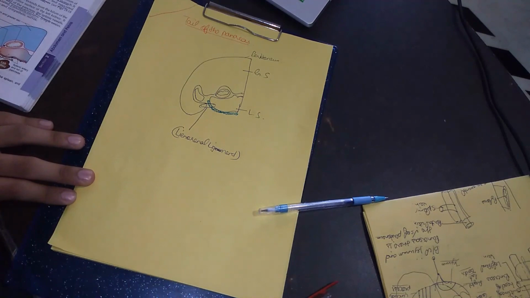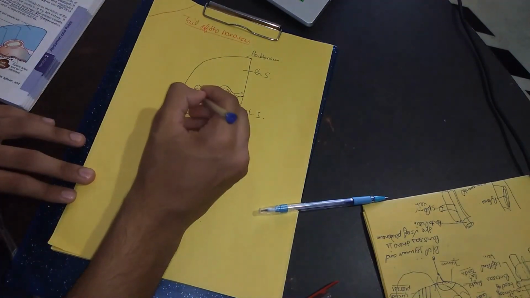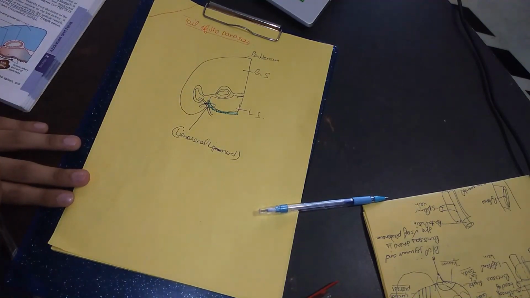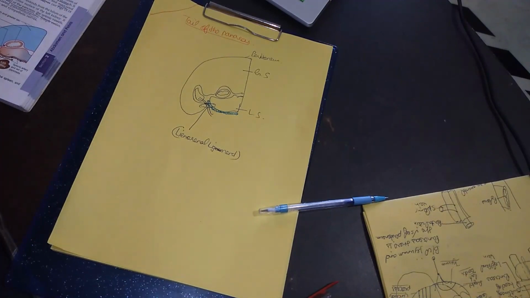This is the lienorenal ligament, and there will be present the splenic vessels. So this is the tail part of the pancreas. Now we have completed the gross anatomy, its head, body, tail, and all the relations of the head, body, tail, and uncinate process.